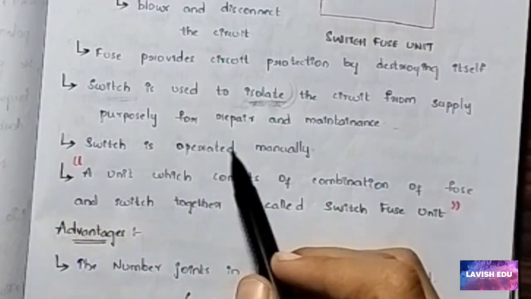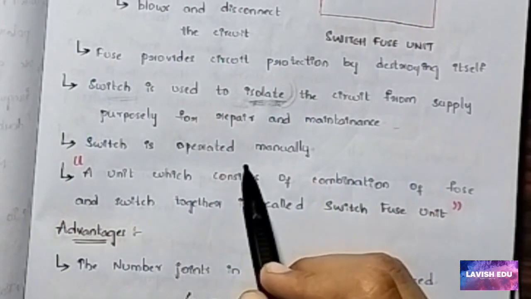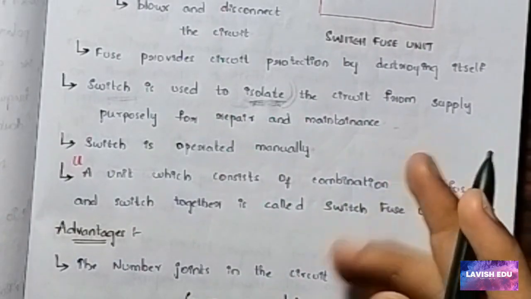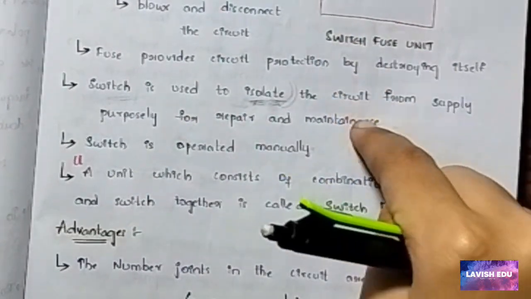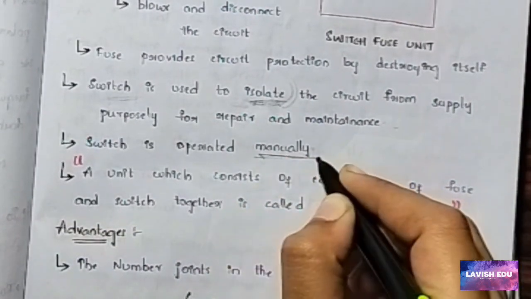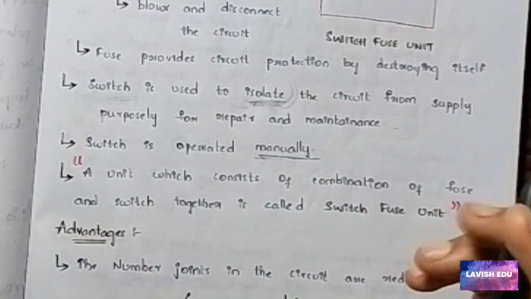Simple. Next, a switch is operated manually. Operated manually means we can turn the supply on and off by hand. We can switch on with hand, off with hand. This is the meaning of manually.